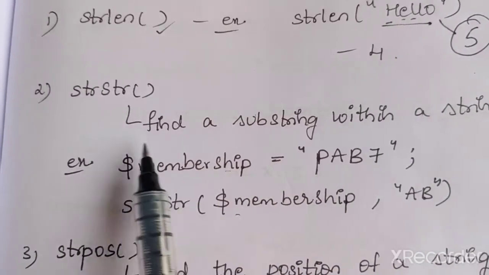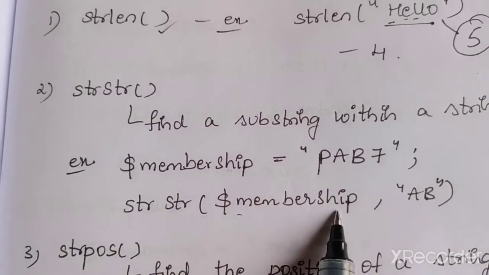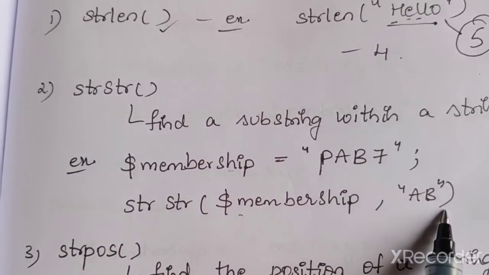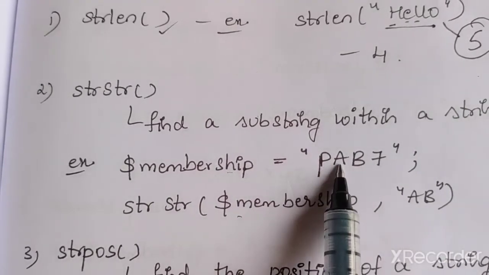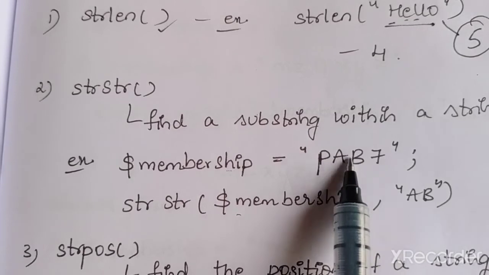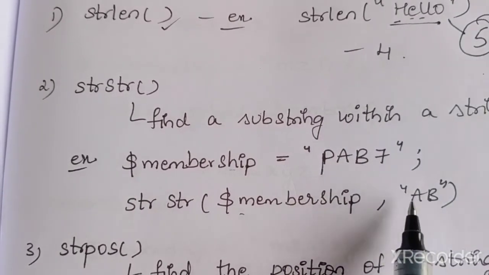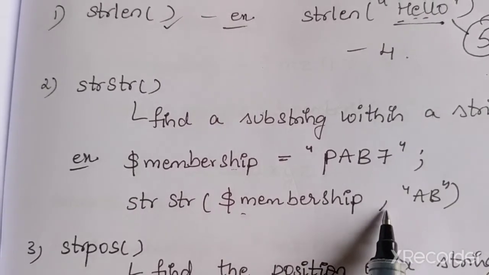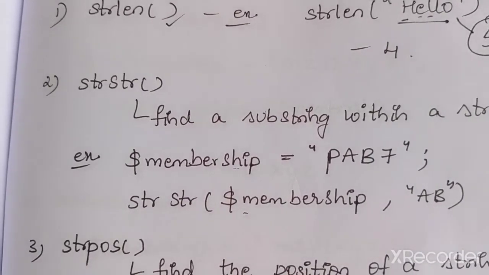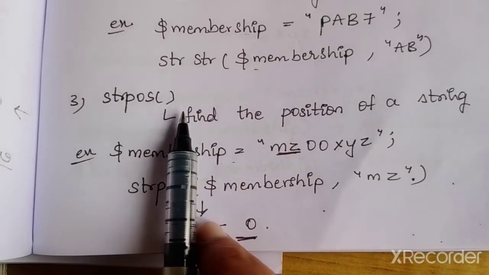We have to write the function as strstr with the original string and substring. The original string is PAB7, and the part of the string, the substring, is AB. This is the syntax for strstr.